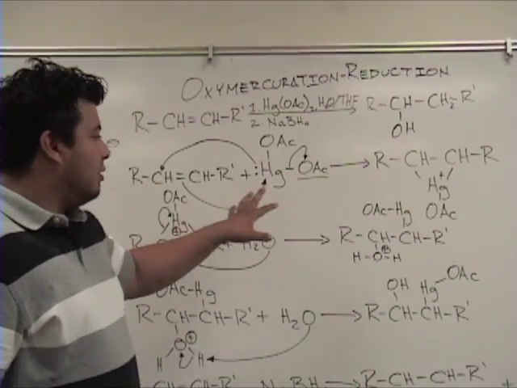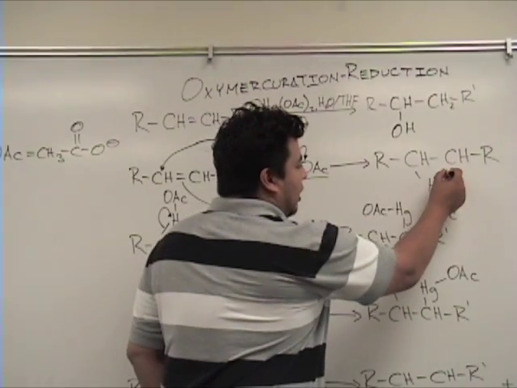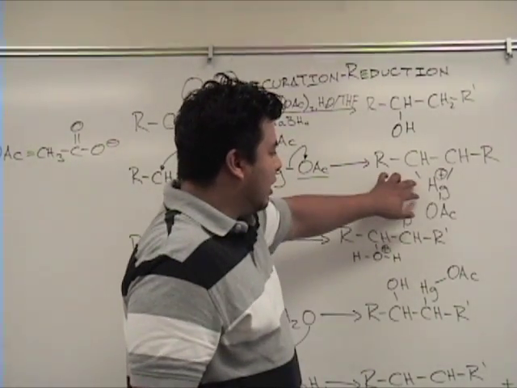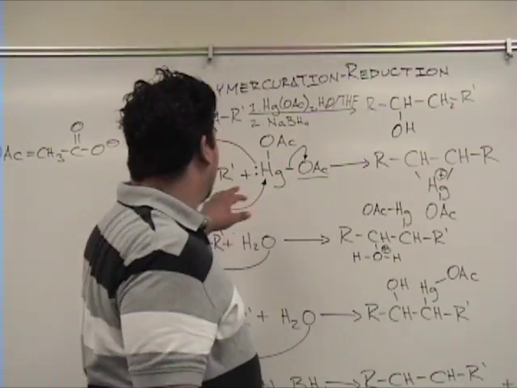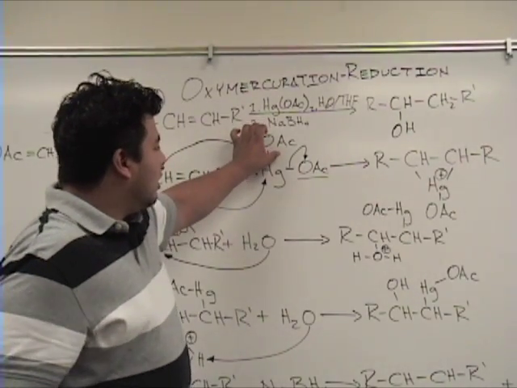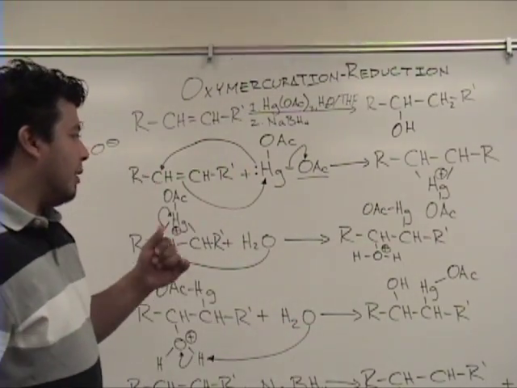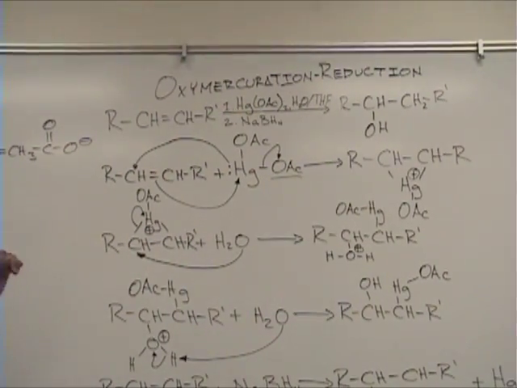Then what we get is a cyclic structure like this, where the Hg is bonded to both carbons, and then it has this acetate group that did not leave. It has a positive formal charge.